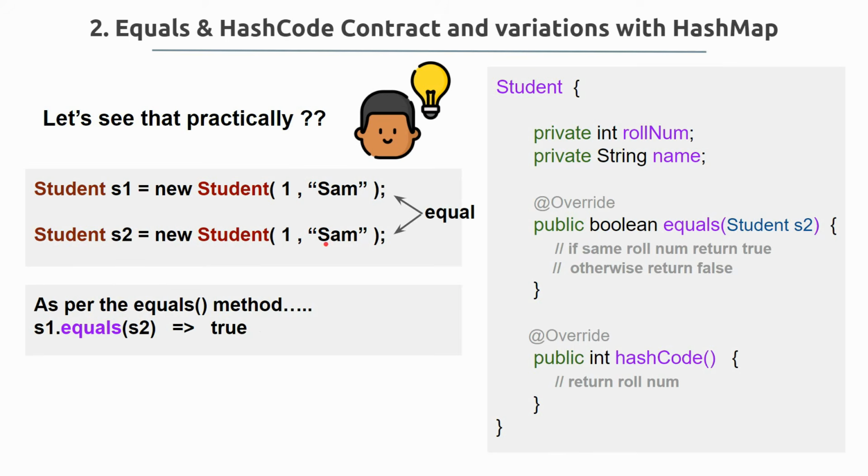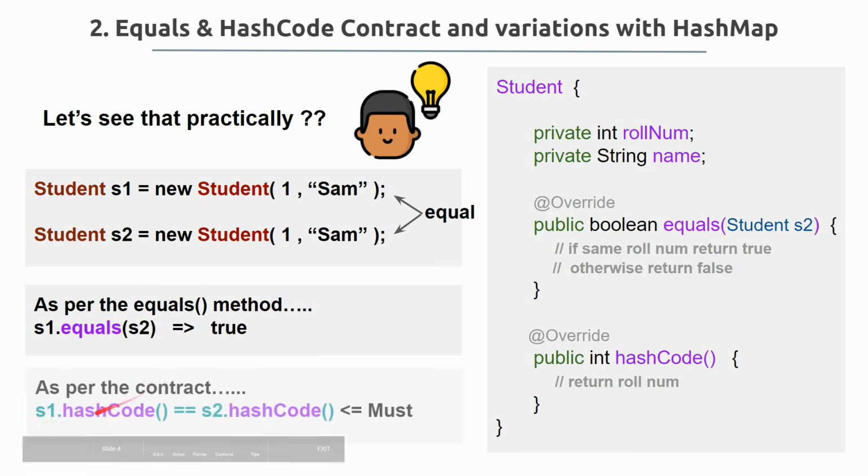As per the contract, if two objects are equal, then their hashcode should be the same, right? This is our contract. To follow that contract, we must override the hashcode method in such a way that if two objects are equal, then they return the same hashcode. The current implementation is the default implementation provided by the Object class, which depends on the actual memory address, so that will not work here.